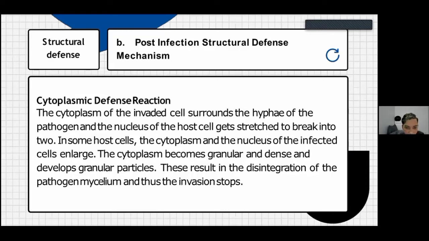In some host cells, the cytoplasm and the nucleus of the infected cell enlarge. The cytoplasm becomes granular and dense and develops granular particles. This results in the disintegration of the pathogen mycelium, and the infection stops.